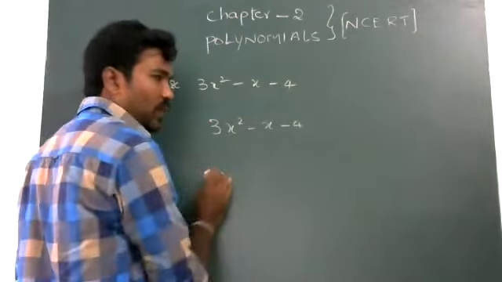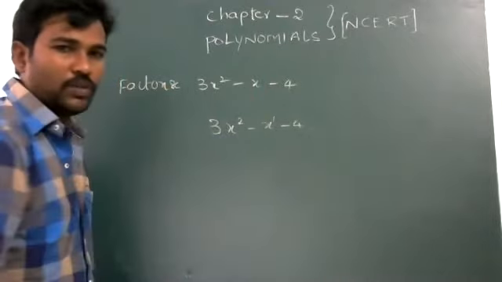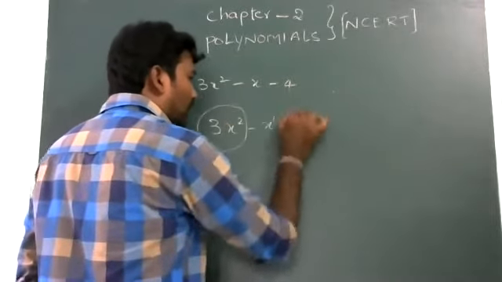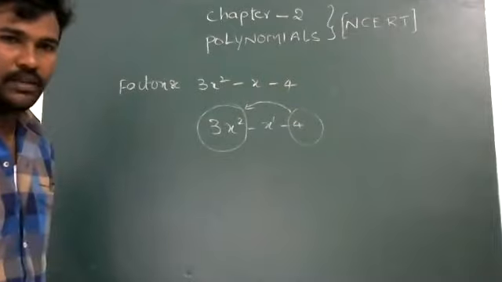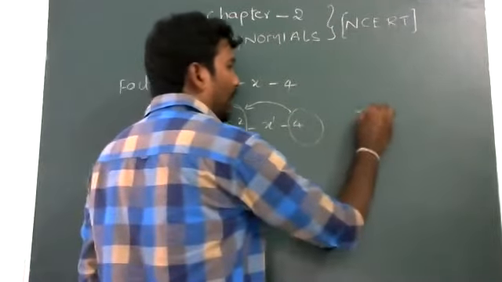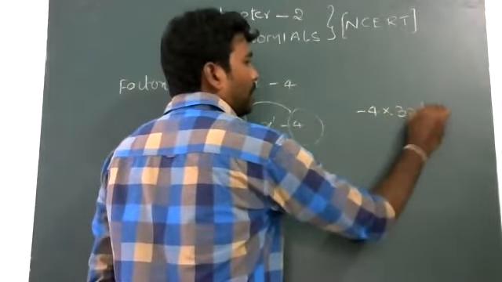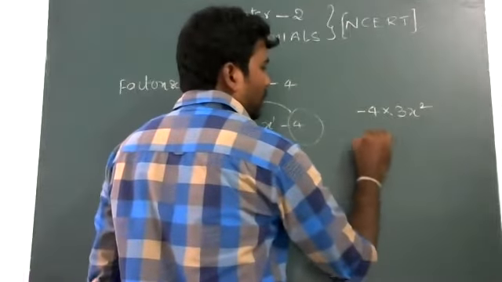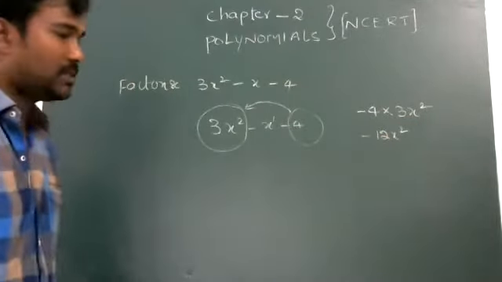Here x square, x power 1 and minus 4 is the constant. Now second step, you can multiply the constant and x square term. Minus 4 into 3x square, minus 12x squared. So getting minus 12x squared.